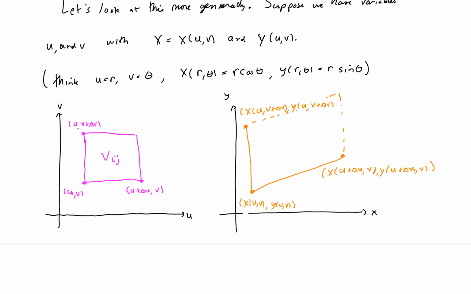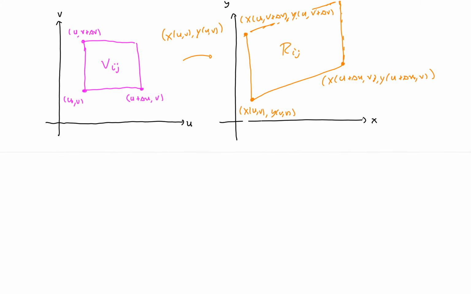Now we do have to make one assumption here. So we're going to call this R of ij for our region in the xy plane. So this is the region we're looking at here. Now this transfers here by taking x of uv, y of uv, which is our map that goes from one to the other. And we need this map to be what we call 1 to 1.